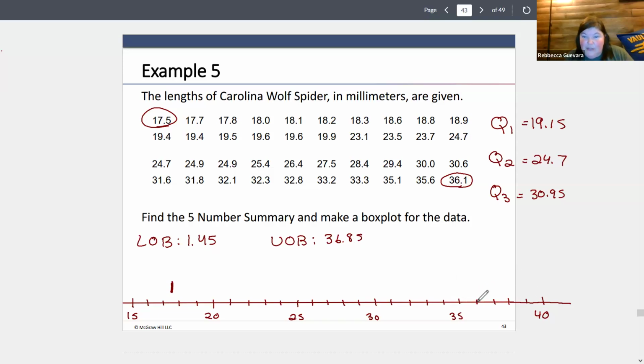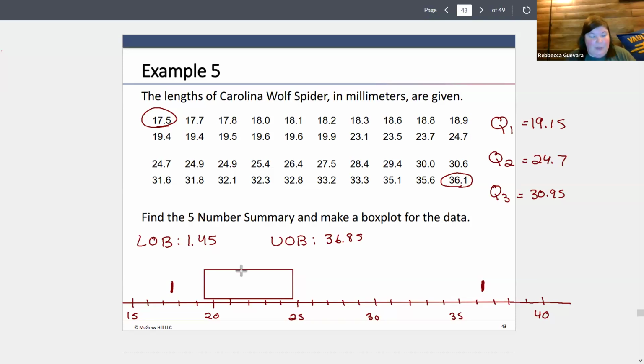And that's going to be 5, 6, just a little bit right here. Okay. So then my next part is that we're going to do the Q1 to Q3 first. So Q1 is at 19.5, so about here. And then my Q2 is at 24.7, so about here.